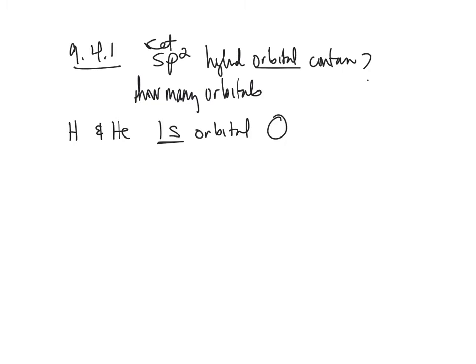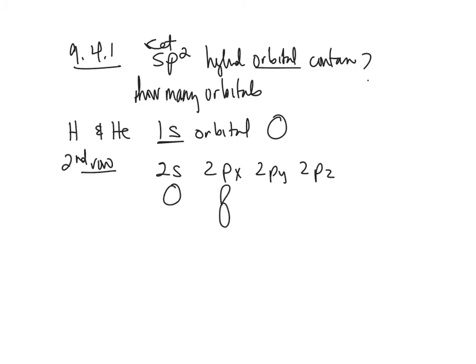But you come down to the second row, and the second row has the 2s, and then they have the 2p, and we have 2px, 2py, and 2pz. And we've learned that the s is a sphere and that the p is a dumbbell shape like that.